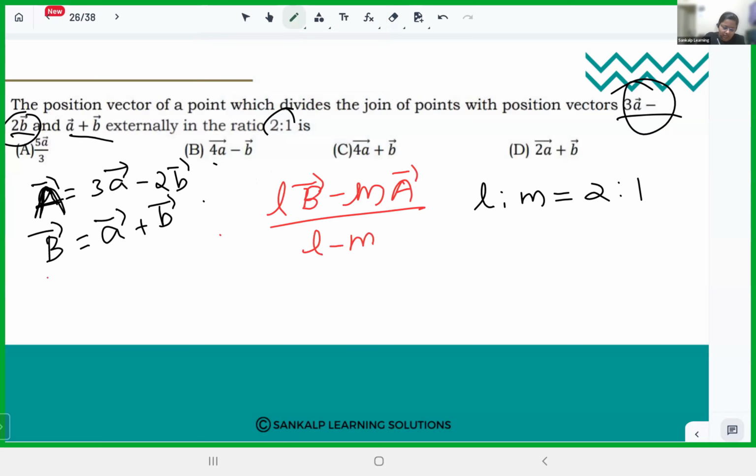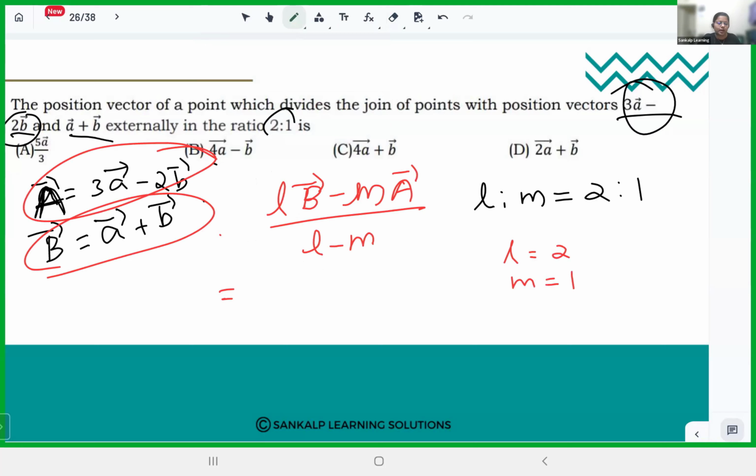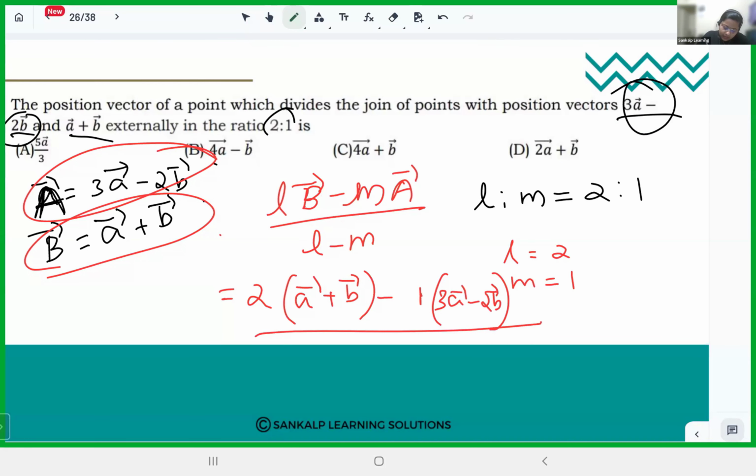Alright. So this is our second vector, and this is our first vector. So how will you do this? L equal to 2 and M is equal to 1. Now this is equal to 2 into vector A plus B minus 1 into vector 3A minus 2B, divided by L minus M, that is 2 minus 1.